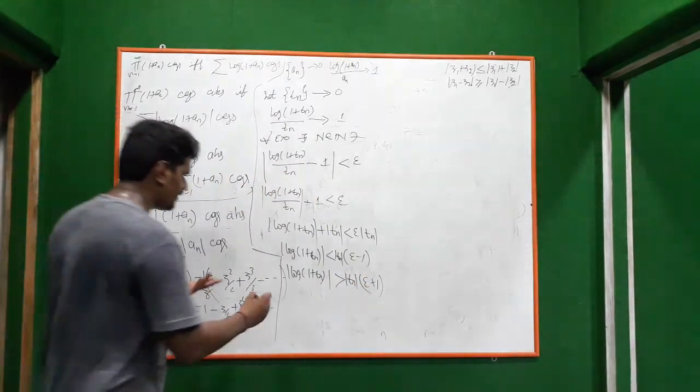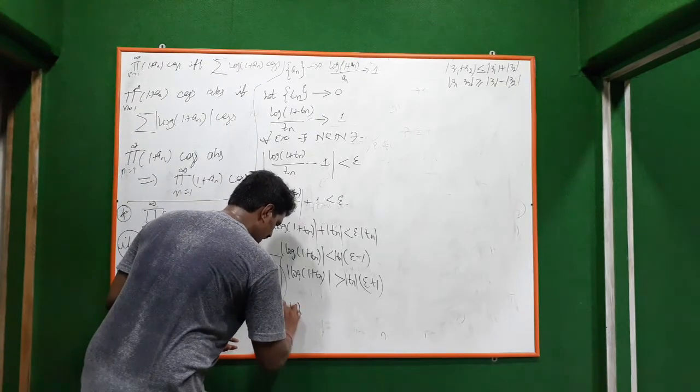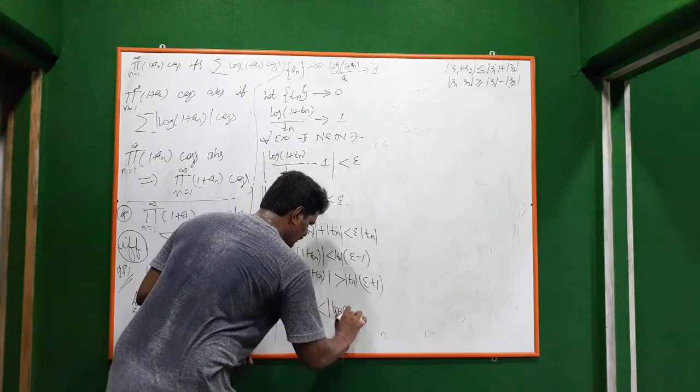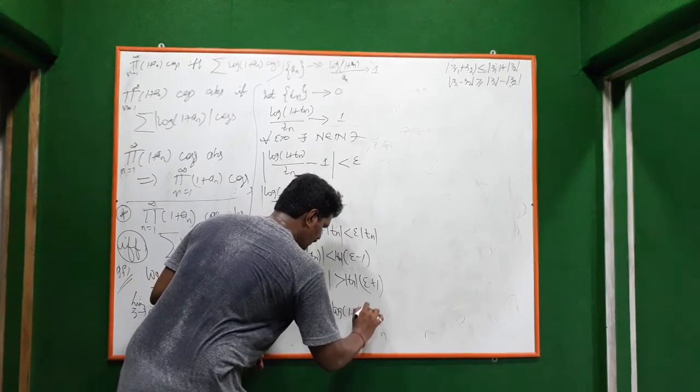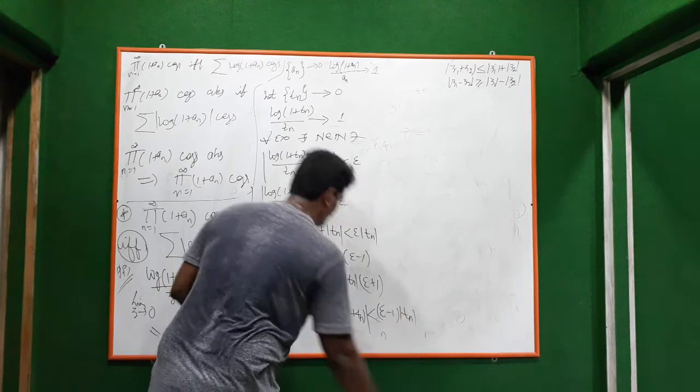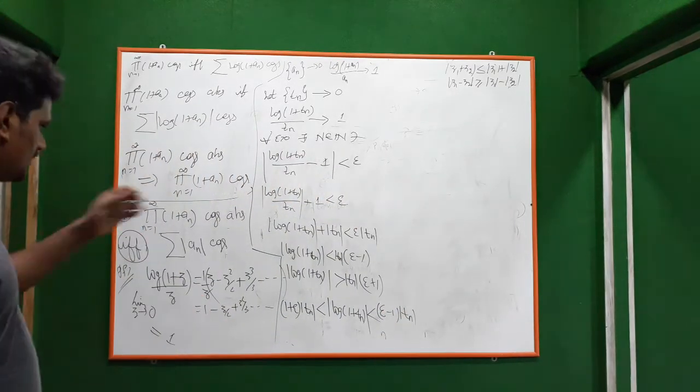So what we will be getting, 1 plus epsilon times mod t_n is less than mod log of 1 plus t_n is less than epsilon minus 1 times mod t_n. Use this and prove this.